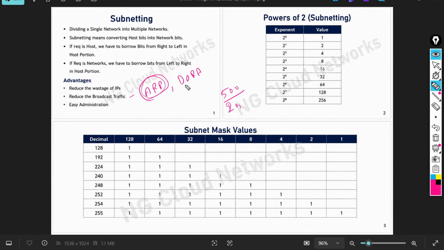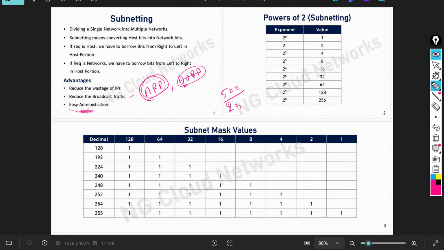The DORA process is a different story, but here also we have broadcast traffic. Okay, leave that one. Next point, easy administration. If your network is very small and we get any issue, we can easily find and resolve the issue.